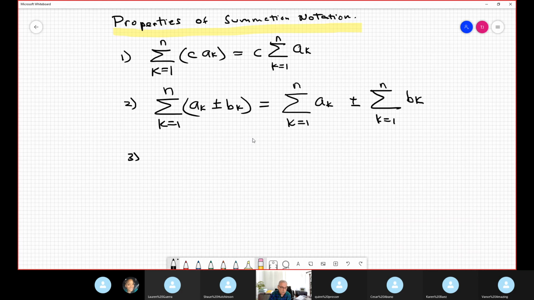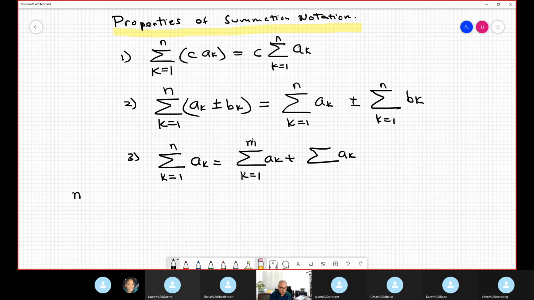Another important property: suppose we have summation from k equals 1 to n of a sub k. We can split, we can separate it into summations if you want. Sometimes we need to do that. For example, the first starts at k equals 1, exactly the same limit, and ends at m.